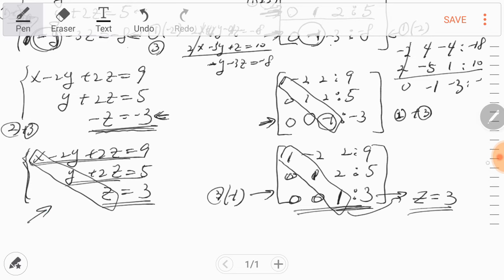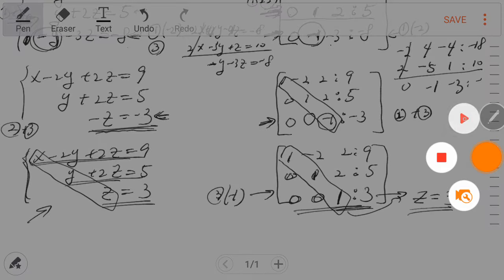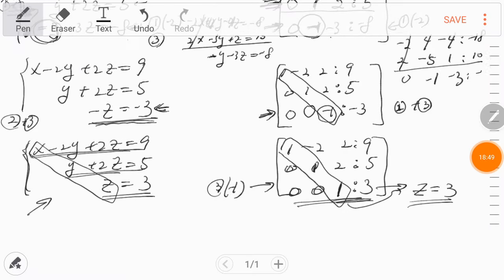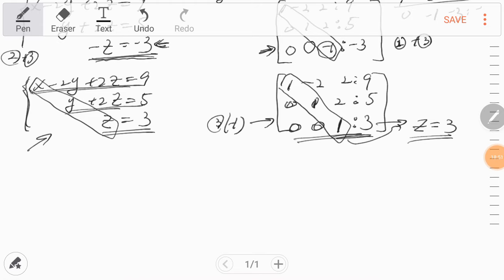Okay, then in the next example, we will solve a system of equations using a matrix. In addition to this, let me explain one more thing. In this case, the third row has a z value. So if you rewrite the third row as an equation, then z equals 3.